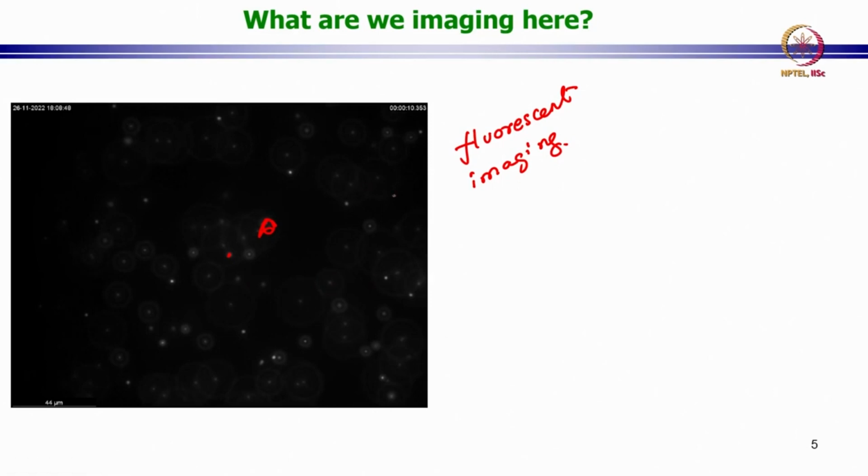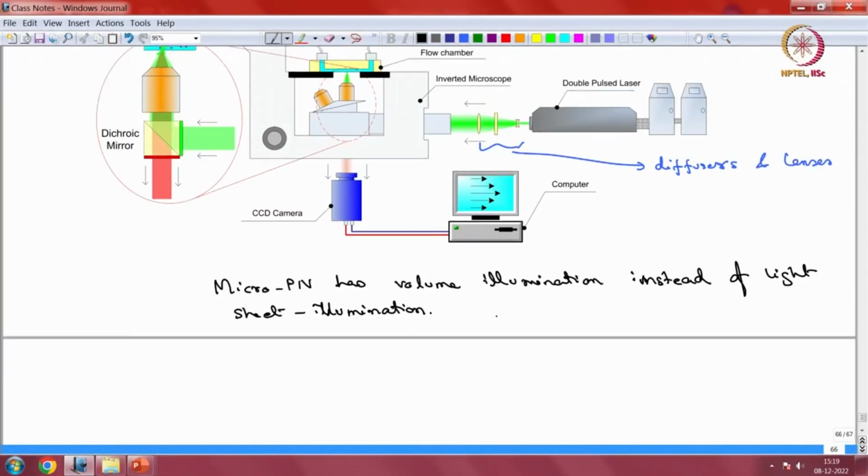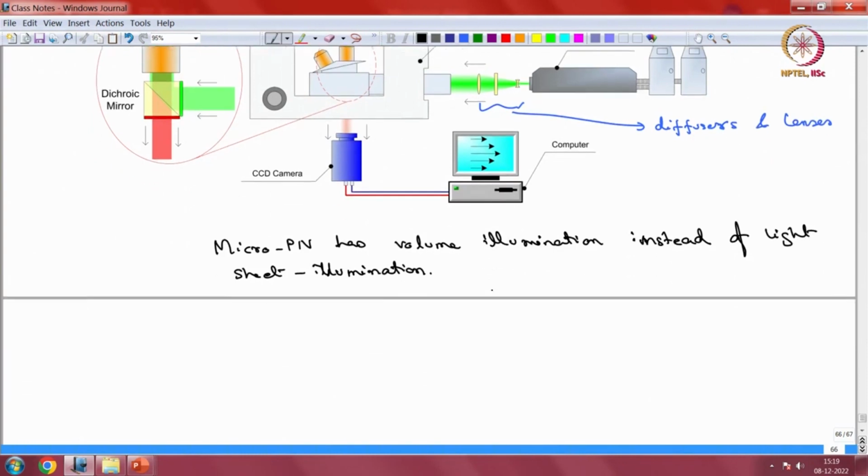So you have particles which are in the focal plane, they are sharp and easily visible, and look like a nice little circle, but the others which have this large ring-like structure are away from the focal plane but still contribute to the signal in the focal plane. So this is an issue that micro PIV faces, and special considerations sometimes have to be made for getting high signal to noise ratios in that case.